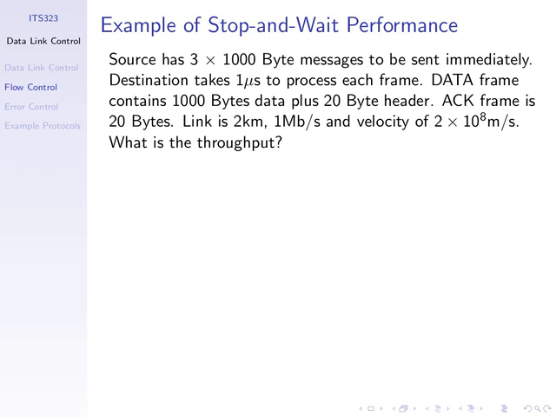All it is is the real data divided by the total time to deliver that and get the ACK. And the efficiency is simply the throughput divided by the data rate, expressed as a percentage. When you can calculate that, you should be able to answer how you increase the efficiency, or what factors impact upon efficiency.